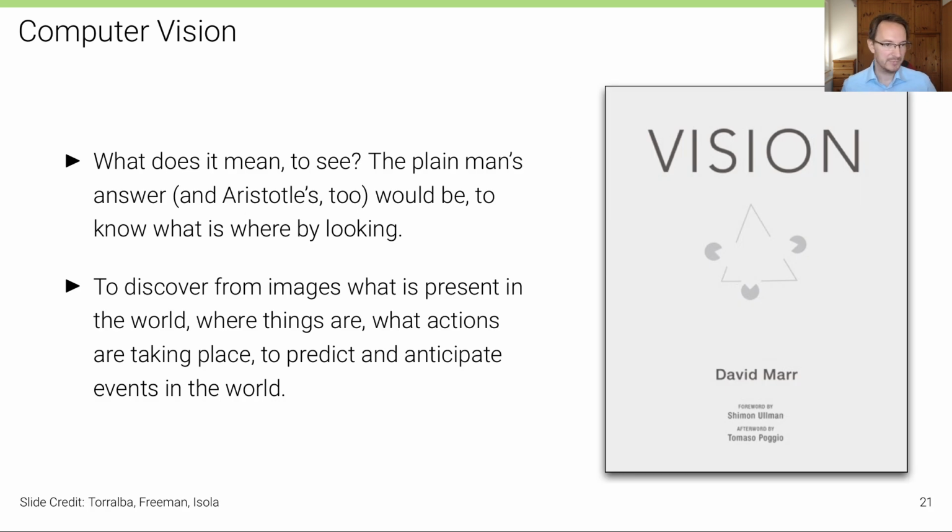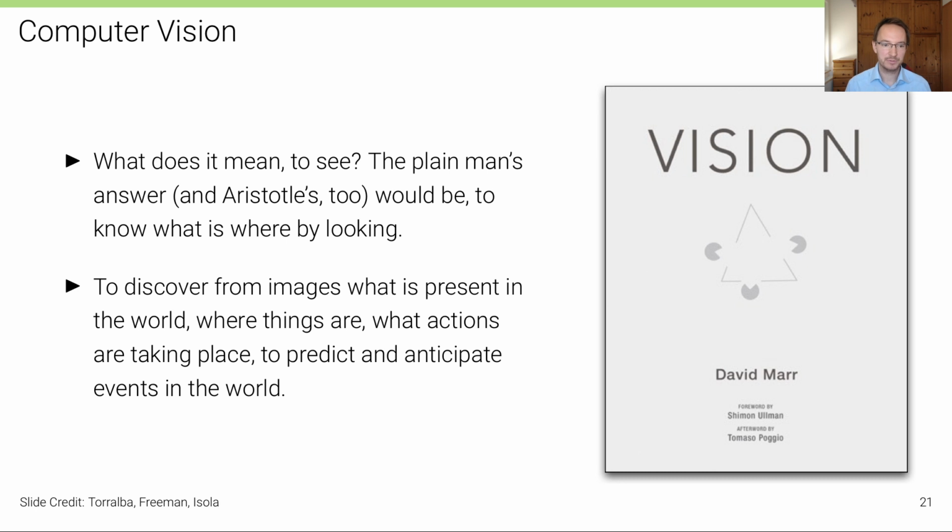This is one of the most famous books about vision and also computer vision, by David Marr. And what does he write? Well, what does it mean to see? The plain man's answer, and Aristotle's too, would be to know what is where by looking. This is how computer vision is often defined. We want a computer to know what is where by looking.